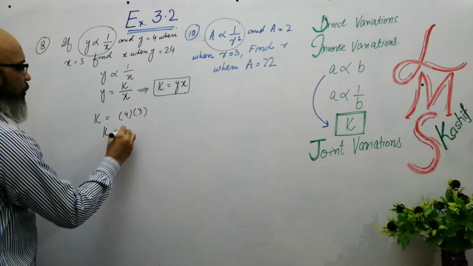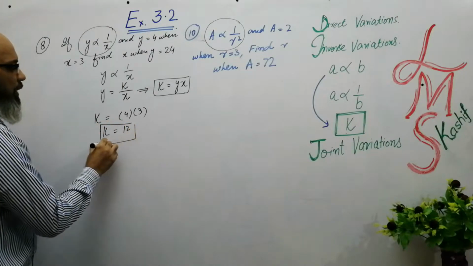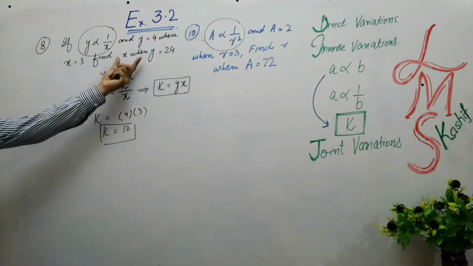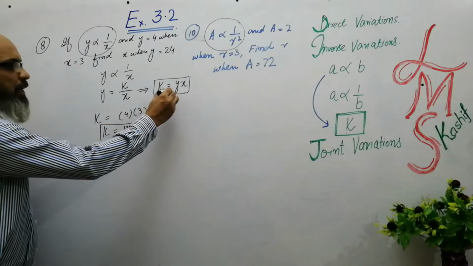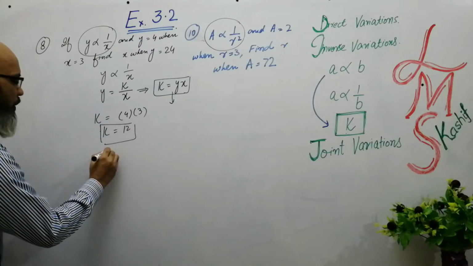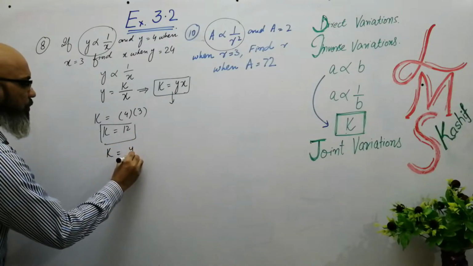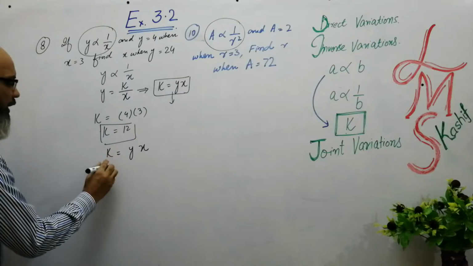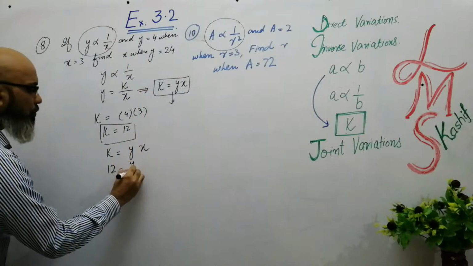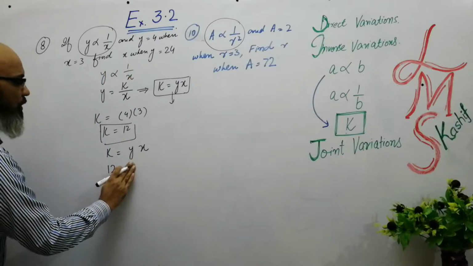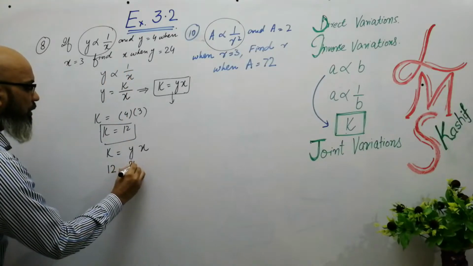So we get the value of k, that is 12. Now we have to find the value of x when y is 24. So we again start by this equation k is equal to yx. What is the value of k? That is 12. We have to find the value of x when y is 24.